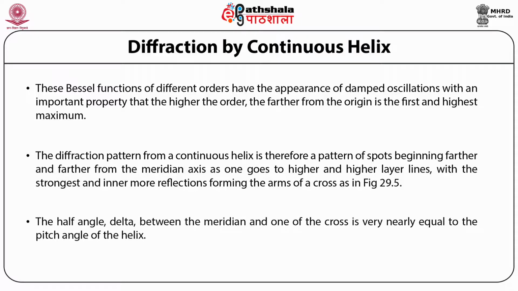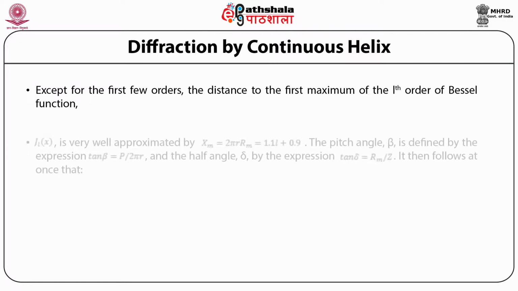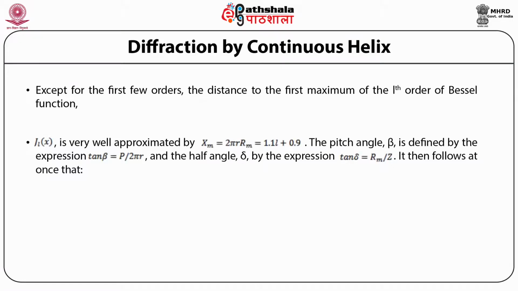The half angle delta between the meridian and one of the cross arms is very nearly equal to the pitch angle of the helix. Except for the first few orders, the distance to the first maximum of the lth order Bessel function, J_l of x, is very well approximated as x_m, which is equal to 2 pi r R_m, which is equal to 1.1 times l plus 0.9.